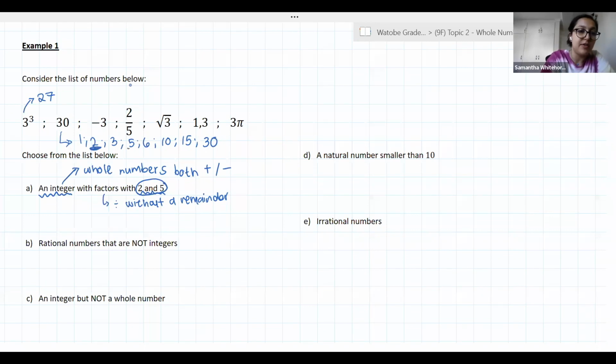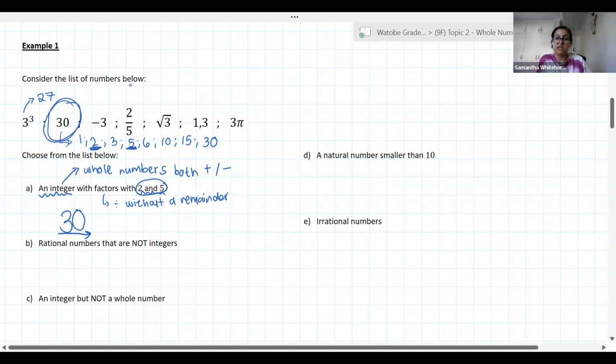So in my factors, I can see that it's got factors of 2 and 5. And so the integer I'm wanting here is 30. So we need to read these questions very carefully so that we know exactly what we are looking for. Right, so the next one's saying rational numbers that are not integers.